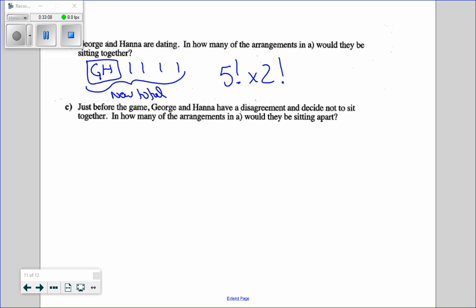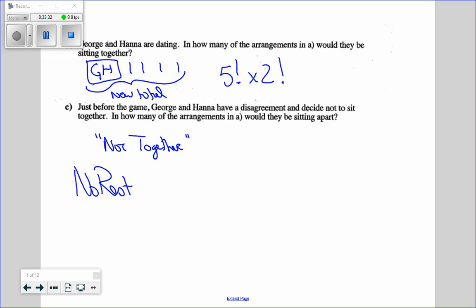Okay? Just before the game, George and Hannah have a little squabble in Lover's Lane and decide not to sit together. So this is a not together question. So all you do is you go, okay, what are all the combinations possible? What are all the different arrangements?